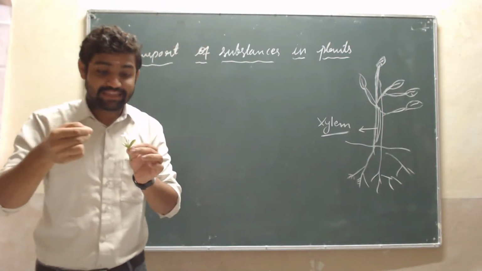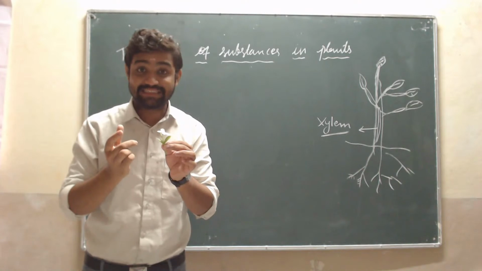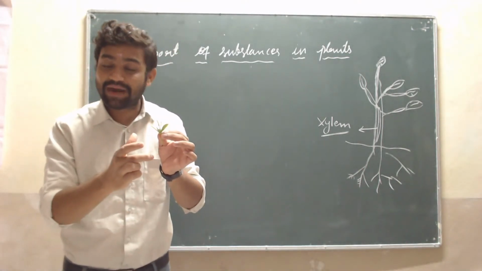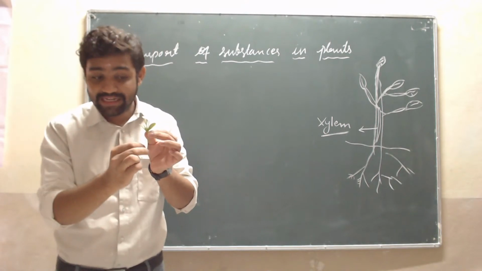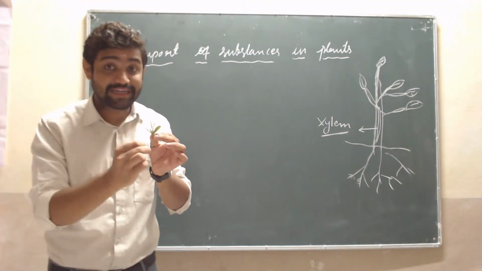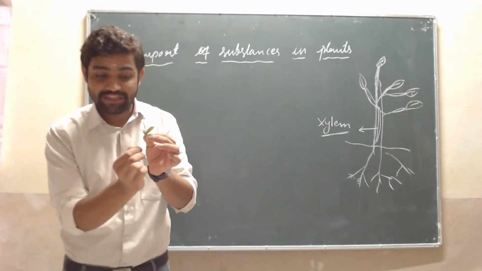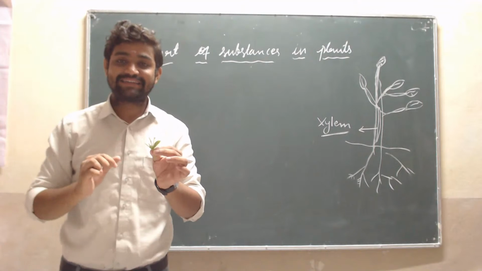If we take a white flower, the black color is indicated quickly. Xylem is connected to all the parts of the plant, so xylem transports the water from this part to that part.